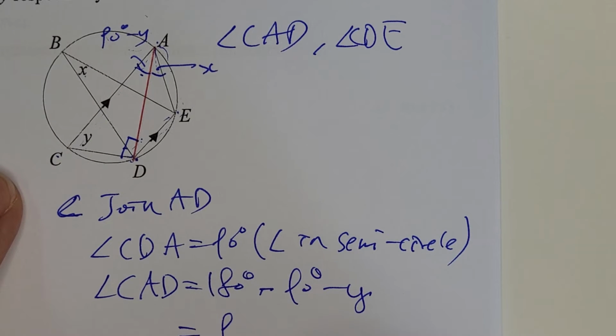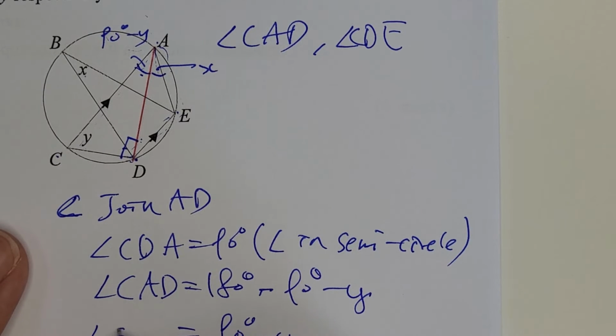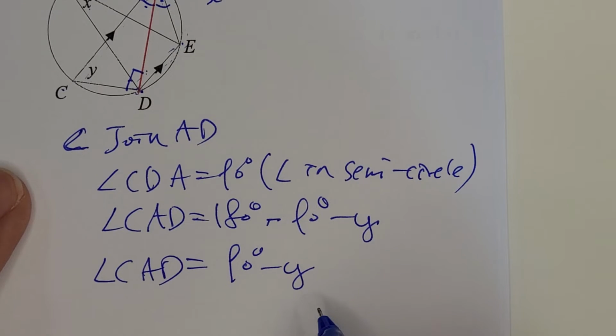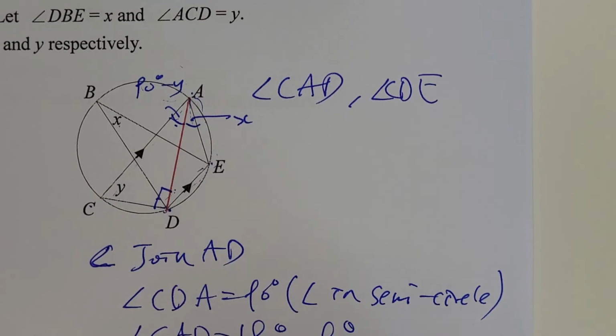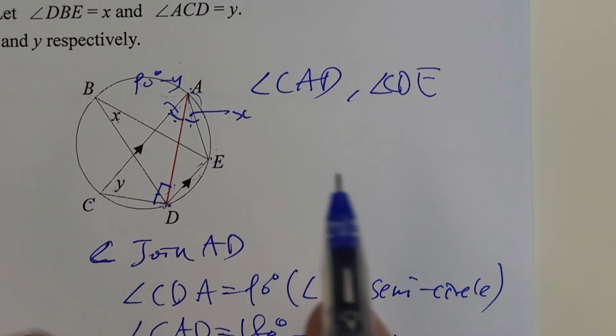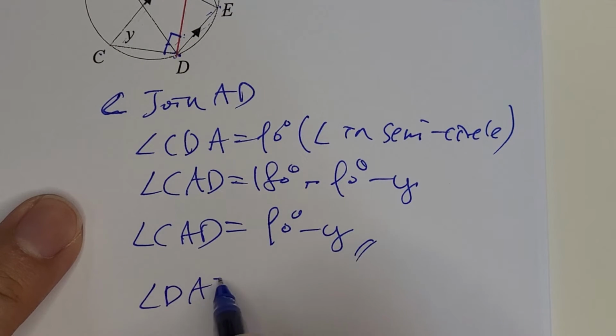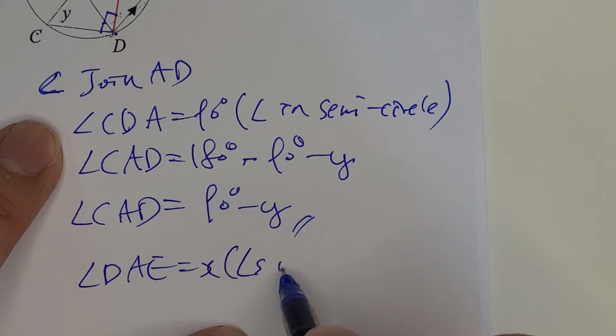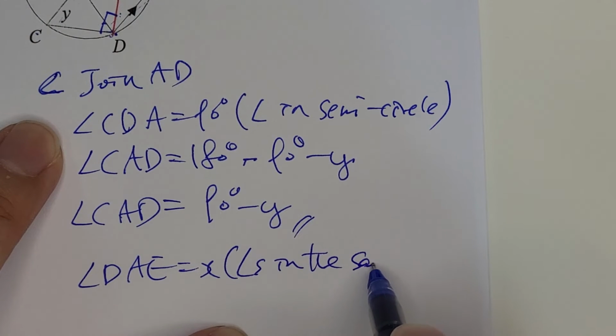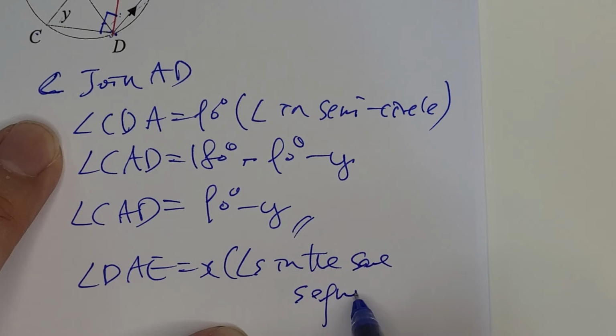So that is 90 degrees minus y. And next, you can state this angle DAE. Angle DAE equals x. Reason, angles in the same segment.